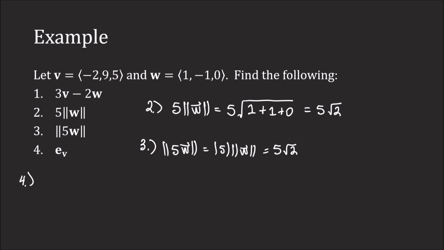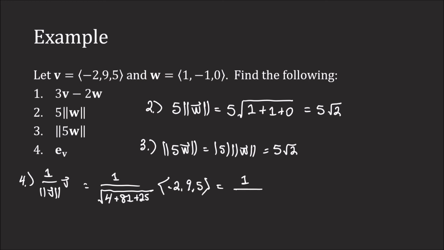Finally, we want to find a unit vector in the direction of v. So this is 1 over the norm of v times v. It's the same thing. So 1 over the square root of -2 squared plus 9 squared plus 5 squared times (-2, 9, 5). So we get 1 over the square root of 110 times (-2, 9, 5).